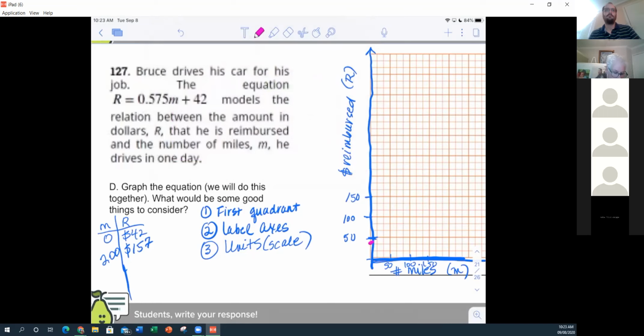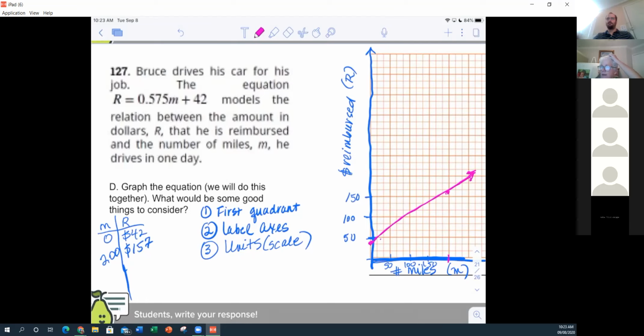And then another point would be 200, 157. So 200, 157 would be right here. Then you can just draw your line using those 2 points. So that'll give you a good idea of what's happening.